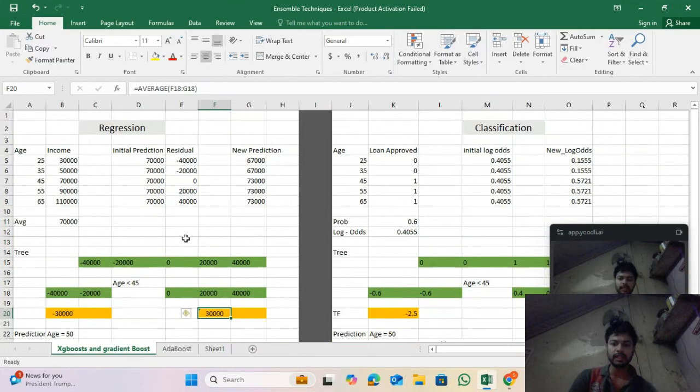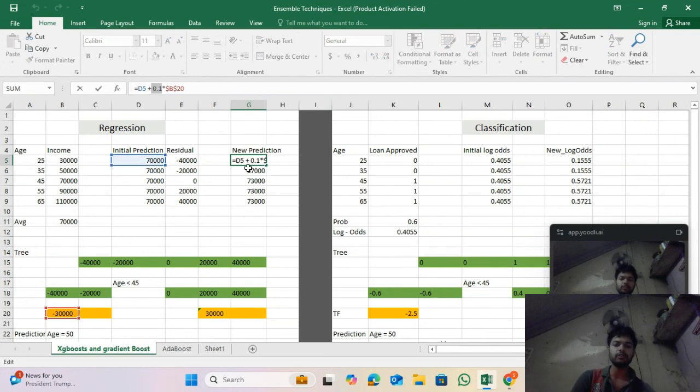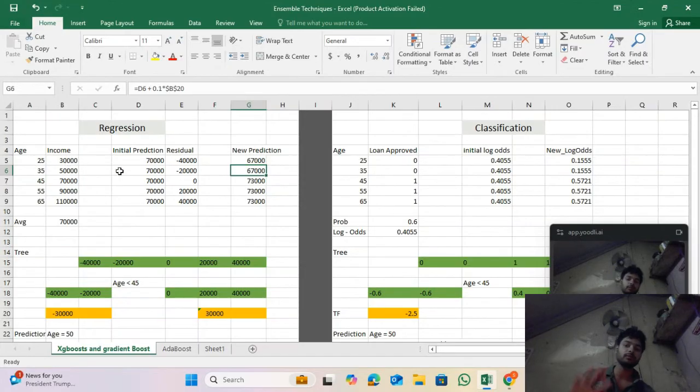So if you see, where your age is less than 45, you will update it with the multiplier of 0.1, which is eta, that is the learning rate, and you will get your desired output, that is the new prediction, to be 67,000. Since it is less, you have predicted it way higher, you will come close towards your income.